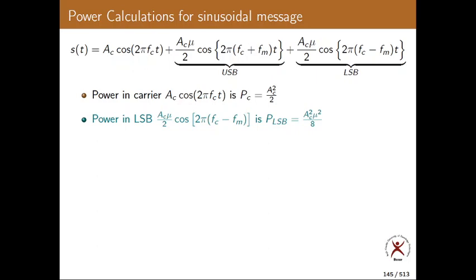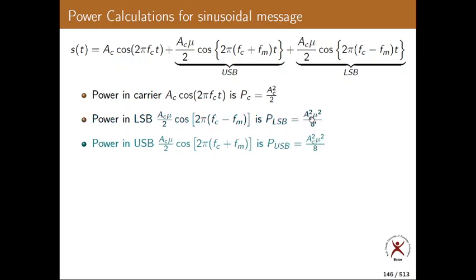AC square mu square by 8. This is the power in the lower sideband or LSB. I hope you are understanding this. What is this whole square? AC square mu square by 4, by 2. So AC square mu square by 8. I hope you are okay with this.